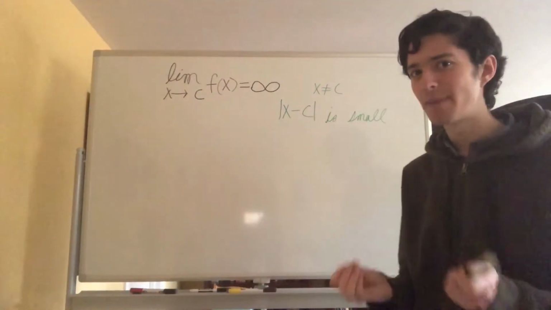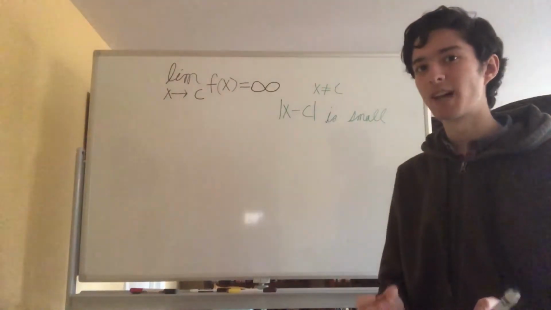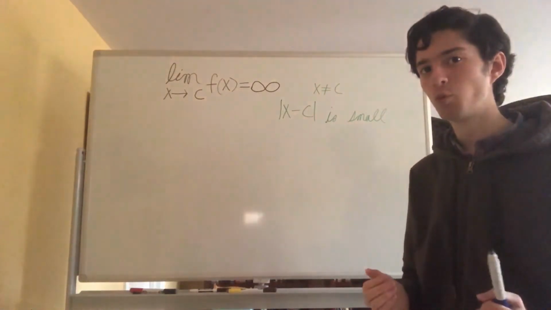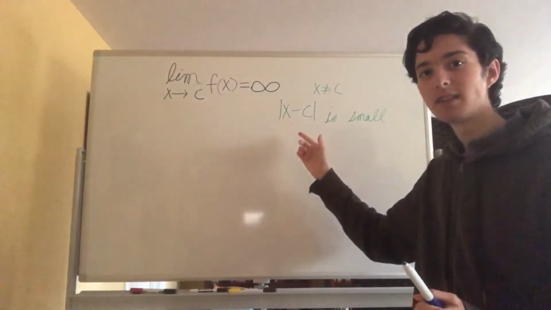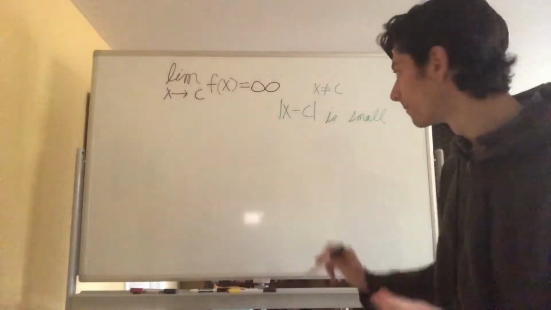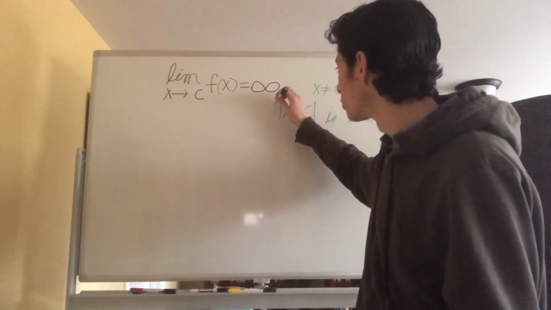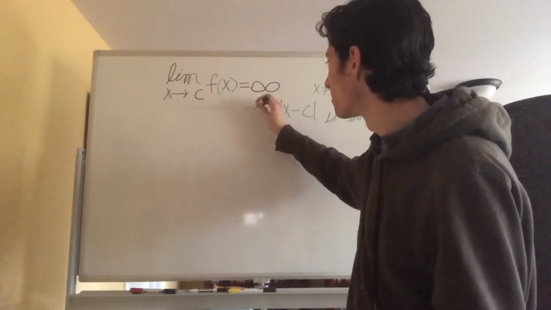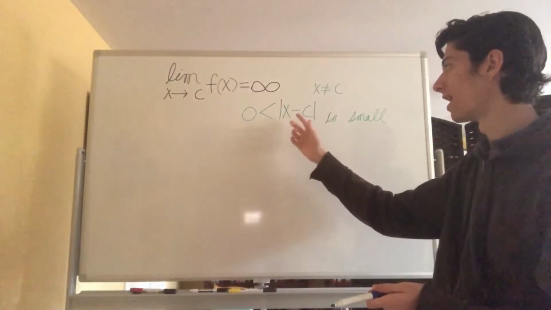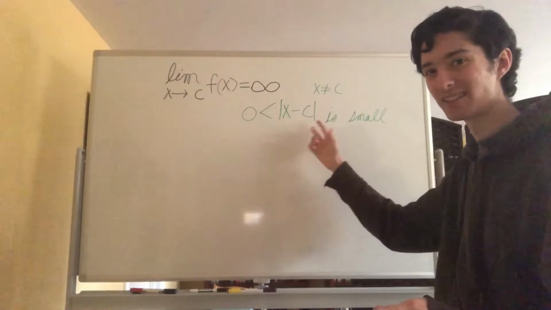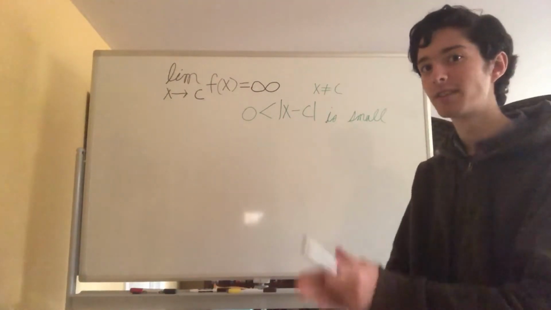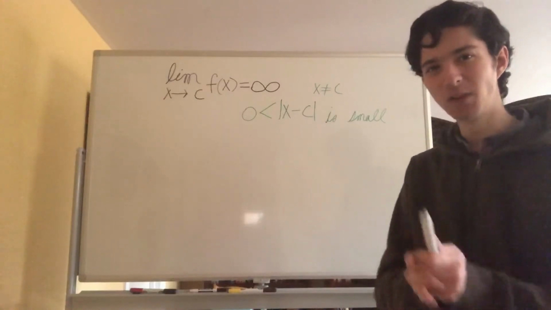And if we're taking the absolute value of something, it's always going to be non-negative. So this will be positive anyways, and we don't want it to be equal to 0. So we can simply say that this is greater than 0. Or saying that 0 is less than the absolute value of x minus c. And again, all that's saying is x is close to c, but it's not necessarily equal to c.